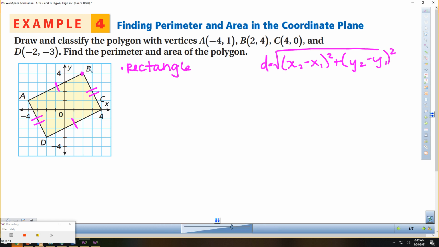So instead, because we're so good at the Pythagorean theorem, we're going to do it like this. You're going to create right triangles around your figure.